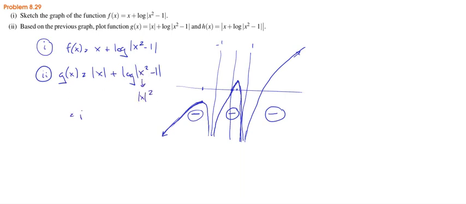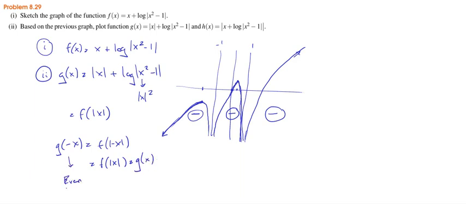So g is just f of the absolute value of x, right? That means that g is symmetric, because g of minus x is f of the absolute value of minus x, which is exactly the same as f of the absolute value of x, which is exactly g of x. So that means that g is an even function.